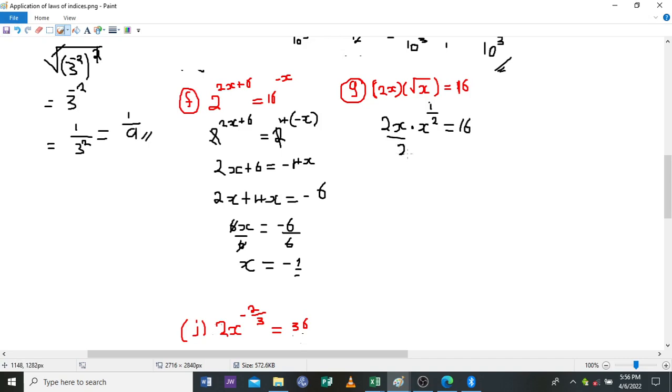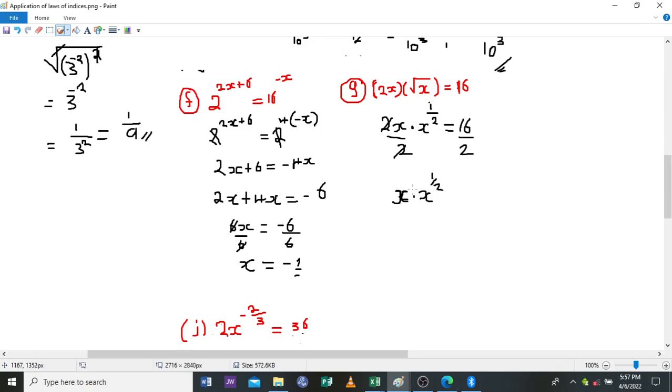So we can divide both sides by 2 so that we can remain with x multiplied by x to the power half on this side.